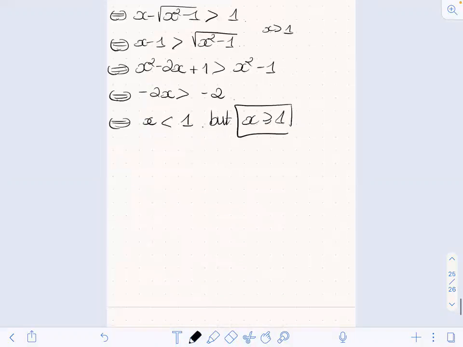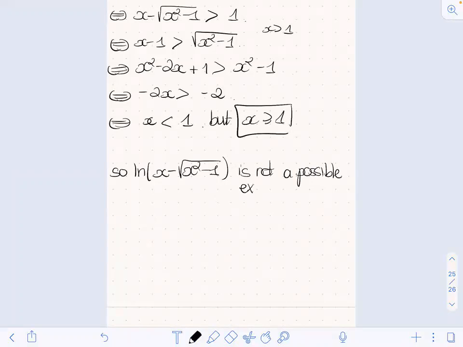But x was defined to be greater than 1, so logarithm of x minus square root of x squared minus 1 is not a possible expression. And we deduce that argch of x is the logarithm of the second term, so it's x plus square root of x squared minus 1.